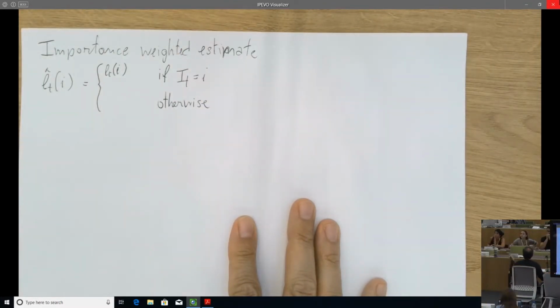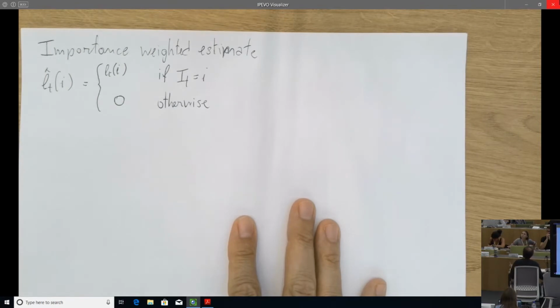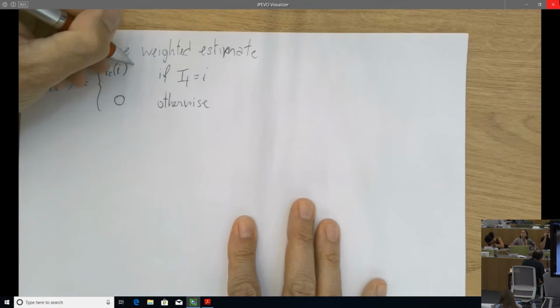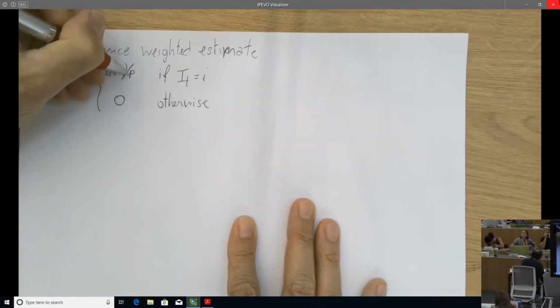So what can I do? Maybe, being optimistic, I put 0 here. Whenever I don't observe a loss, I assume the loss is 0. But then I have to compensate for the fact that every time I didn't play that action, I was optimistic. And I compensate by dividing the loss of the observed action by the probability of playing it.